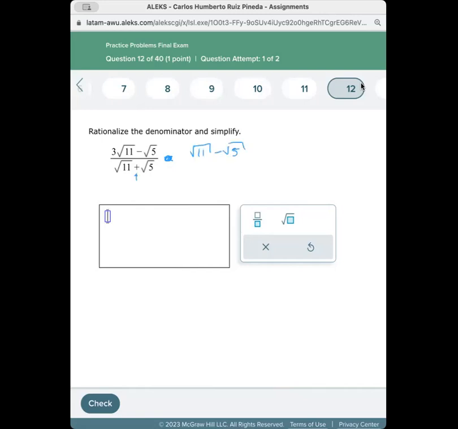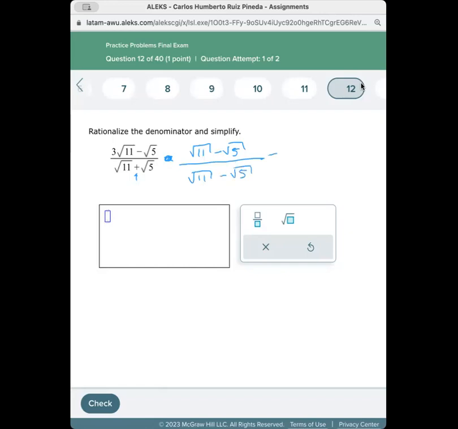Remember, this is the same but with the opposite sign, right? Let me make this better. Square root of 11 minus square root of 5.